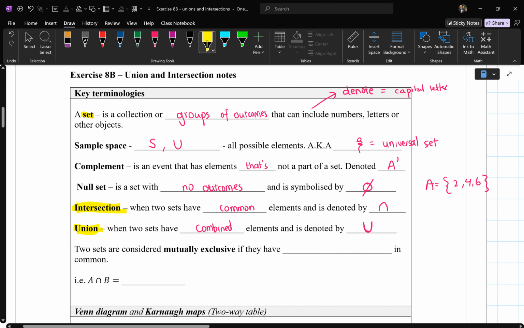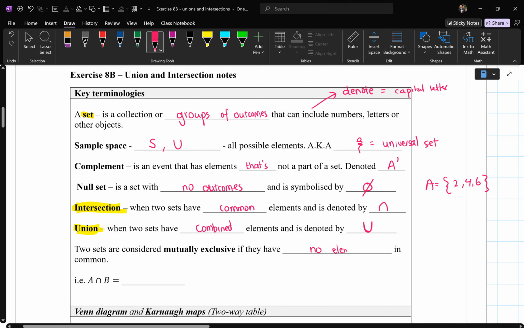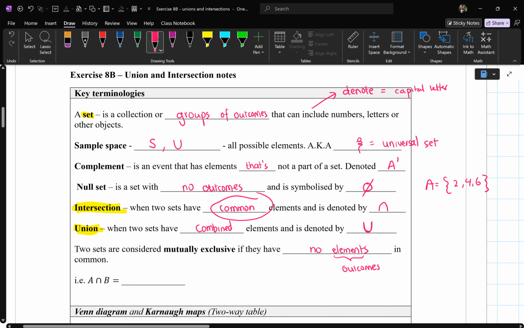Two sets are considered mutually exclusive if they have no elements in common. Now, if you're wondering, elements is another word for outcomes. So no outcomes in common. For example, mutually exclusive means: do they have anything in common? See, intersection.